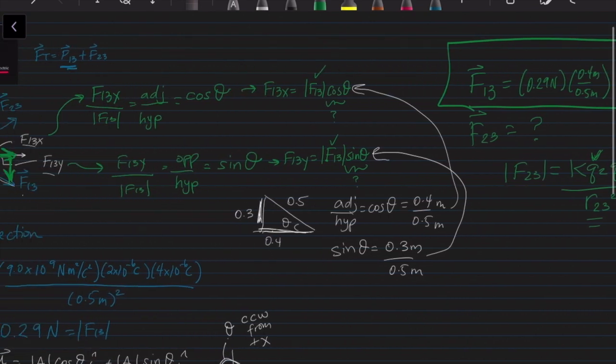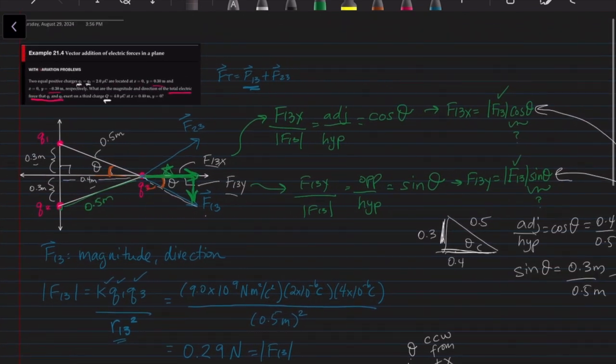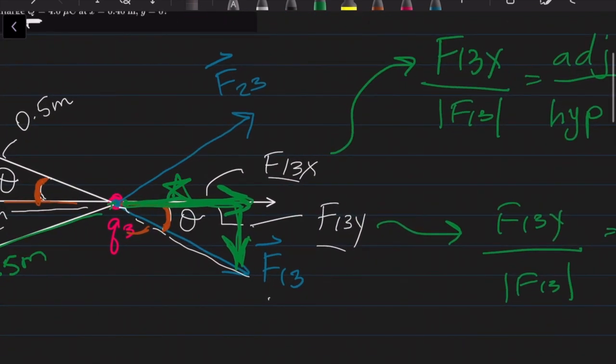So with that being said, if we break F23 into components, let me pick a color here, let's do pink. F23x is going to be to the right. F23y is going to be up.